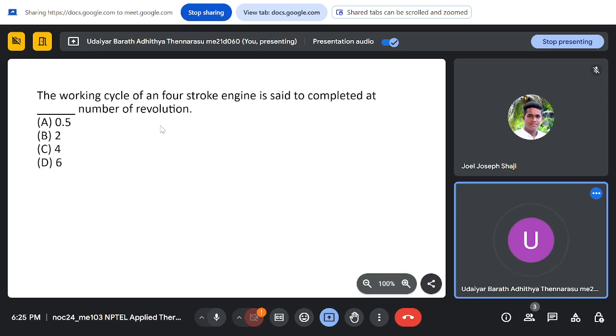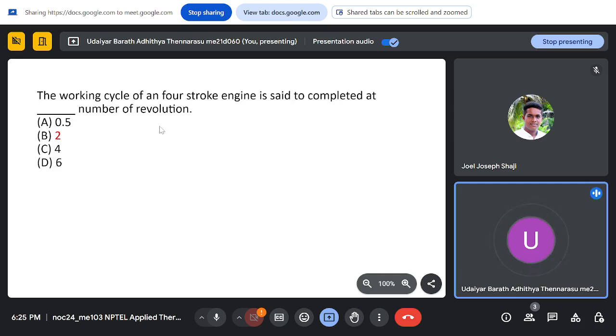Next is, the working cycle of a 4-stroke engine is said to be completed at dash number of revolutions. So this we have seen, 4-stroke engine and 2-stroke engine. In 2-stroke you have a working cycle in every one revolution, but in case of 4-stroke engine you have it every 2 revolutions.